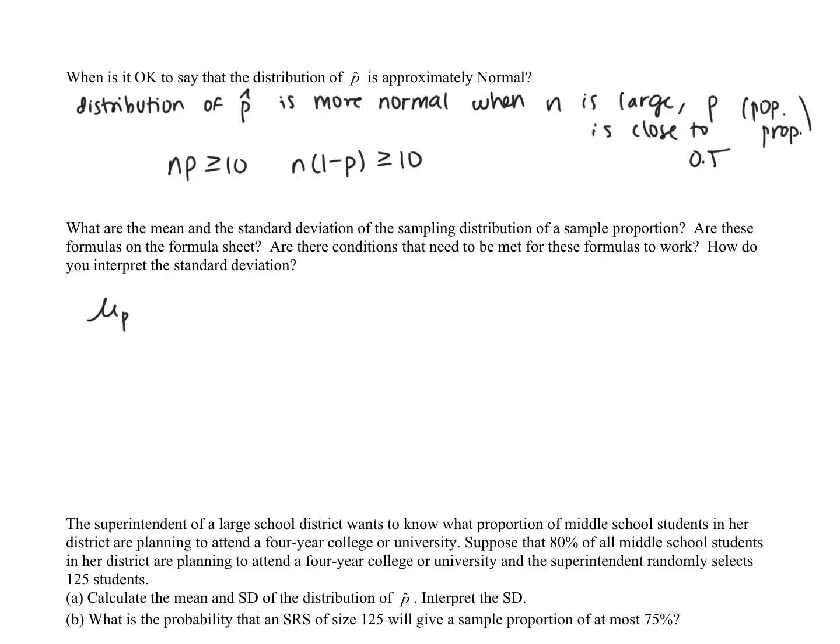The center of the sampling distribution, so this is the mean of the sampling distribution of p hat, that's what that symbol means, is equal to the population proportion.